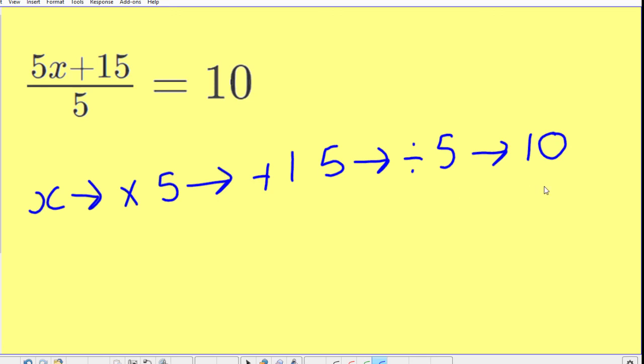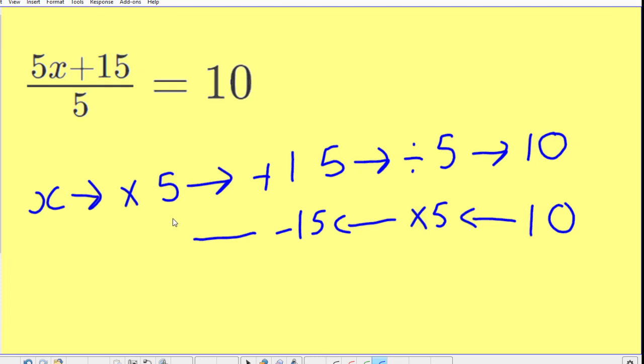Okay, in reverse, we've got 10. We're going to multiply by 5. We're going to subtract 15. And then we're going to divide by 5.